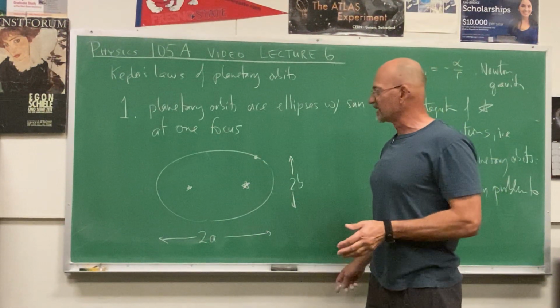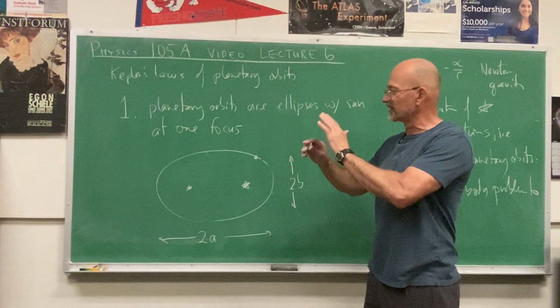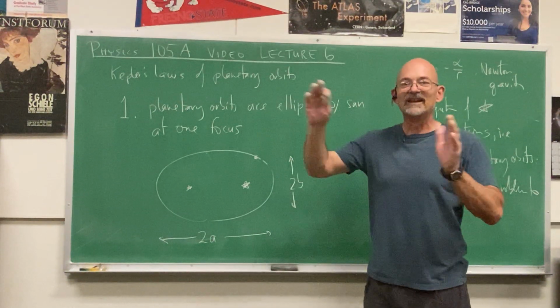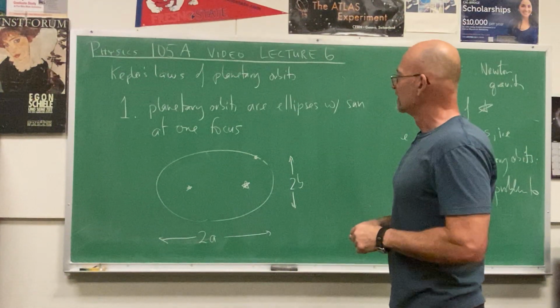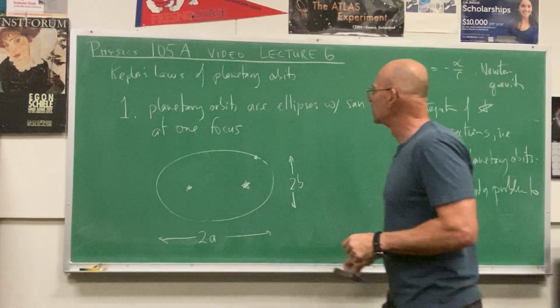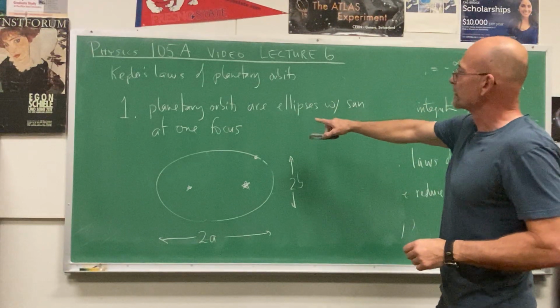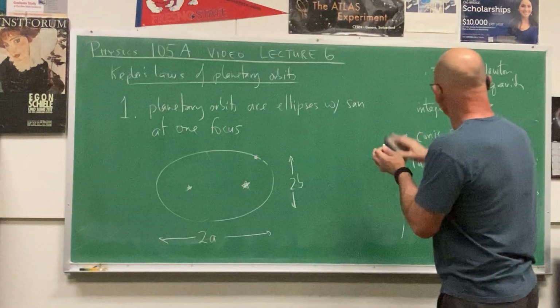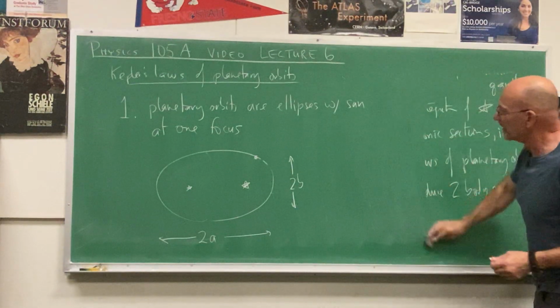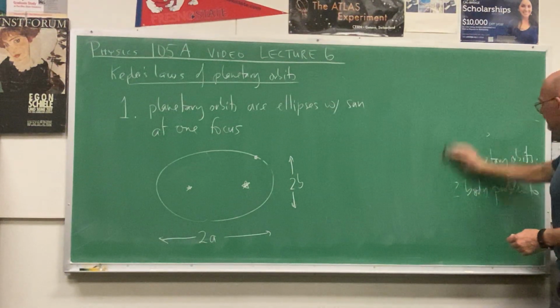The data showed that, he couldn't fit his data from Tycho Brahe into a circular orbit, and other problems as well. Good, so that's the law. That's the first law of planetary orbits. Do 2 and 3, and then we'll have something to work with here.